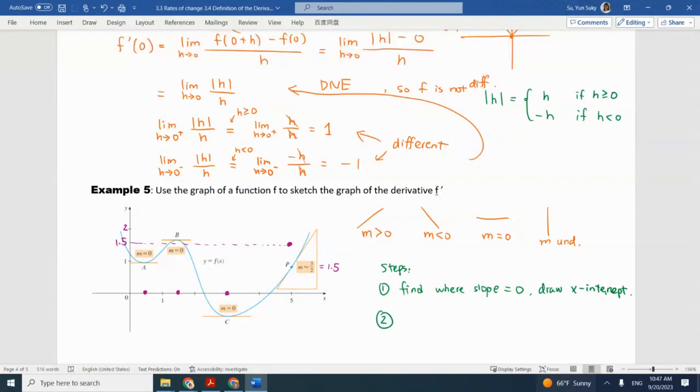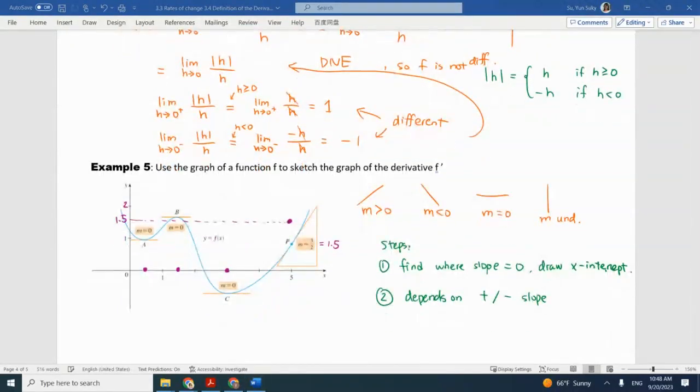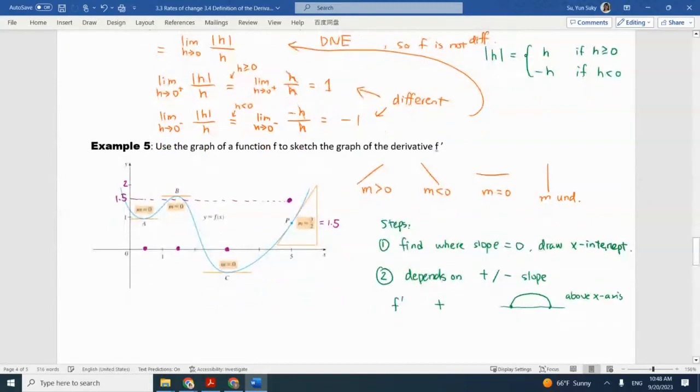Second step depends on is it positive or negative slope, then you draw differently. So if your slope is positive, then how do you connect them? You know your function lies above the x-axis. Okay, everybody? So this is above the x-axis because your slope is positive.